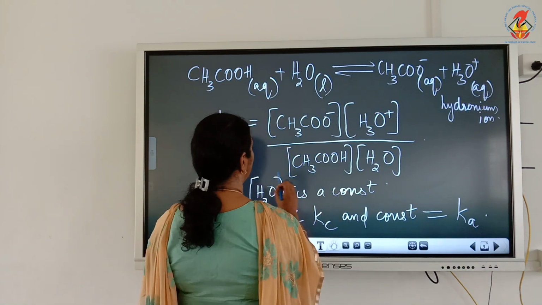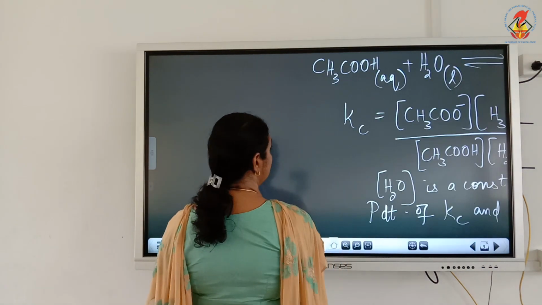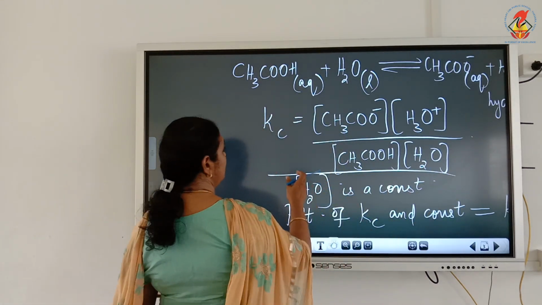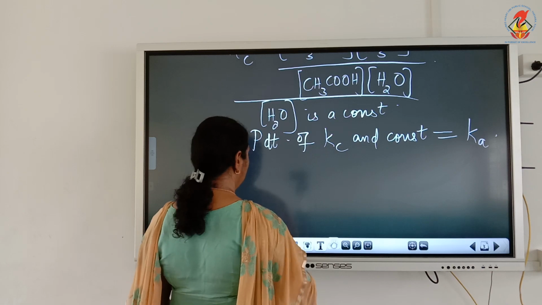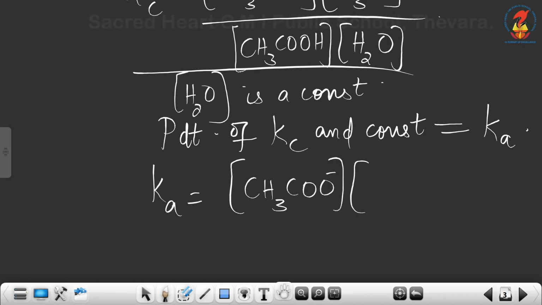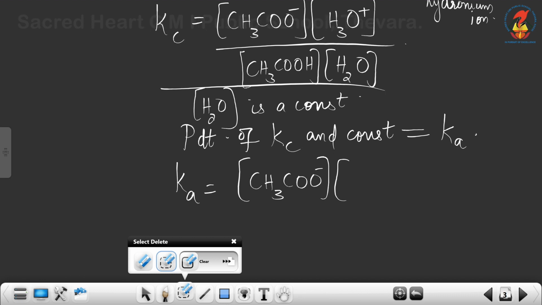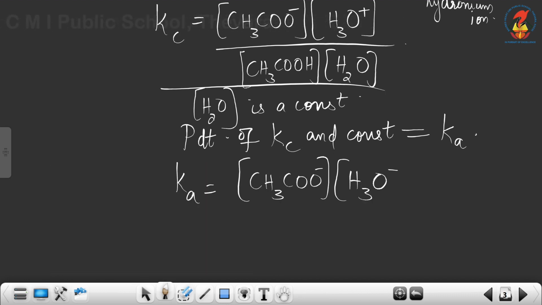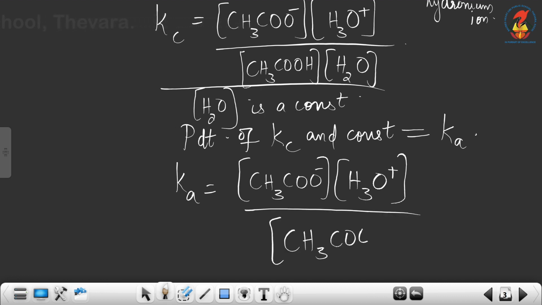So again I am going to rewrite this expression, instead of Kc I am going to write the new constant, that is Ka is equal to molar concentration of CH3COO- into molar concentration of H3O+ divided by molar concentration of CH3COOH.